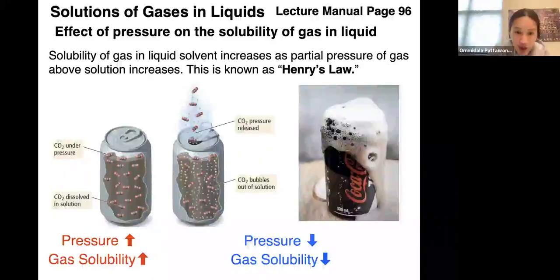As the pressure above the solution decreases, the gas solubility decreases as well, which means the gas molecules will not be able to stay dissolved in the solution anymore. Therefore, the carbon dioxide is going to bubble out of the solution, and that's when you see the bubbles being formed.